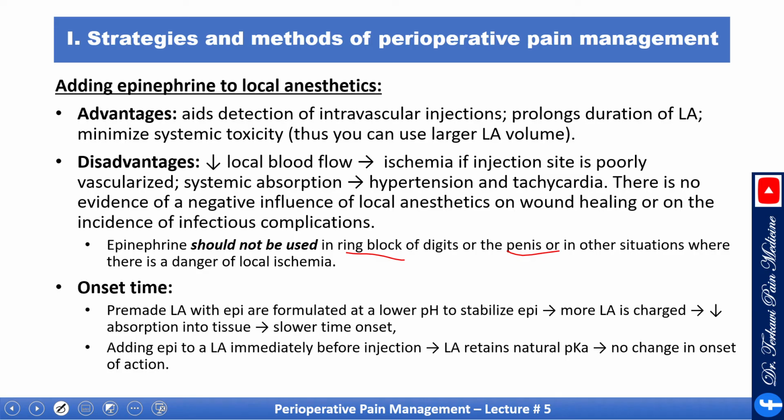Onset time is another important concept. Interestingly, if you are using a pre-made local anesthetic with epinephrine, it's usually formulated at a lower pH to stabilize the epinephrine. So more local anesthetic is charged, which means decreased absorption into the tissue and slower onset.